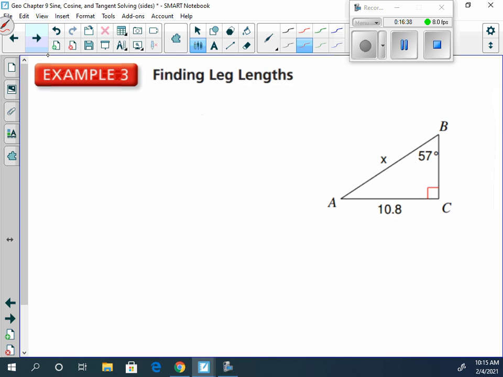How about this one? Why would we pick sine? Yes. And?